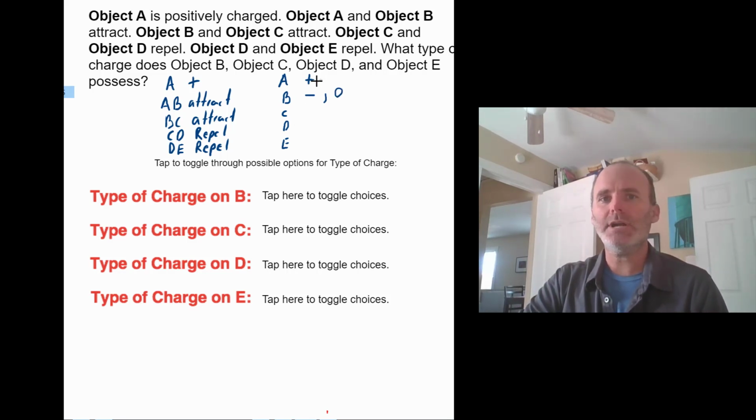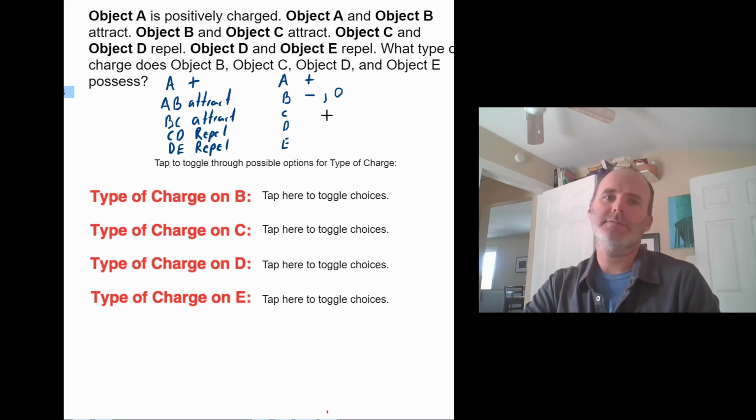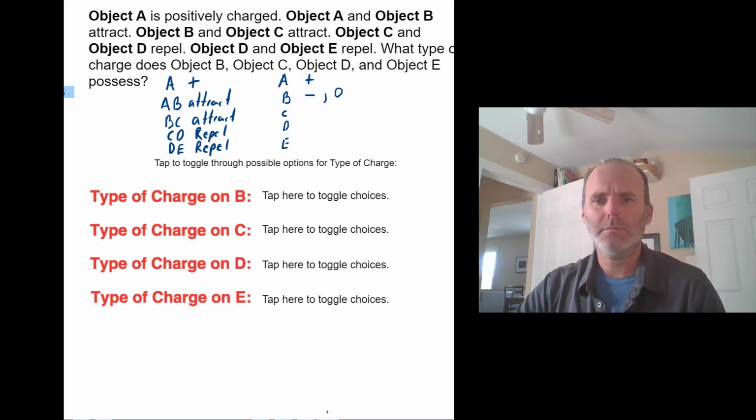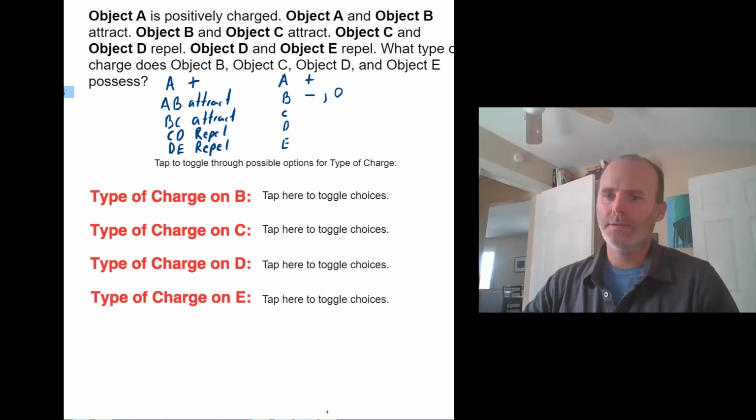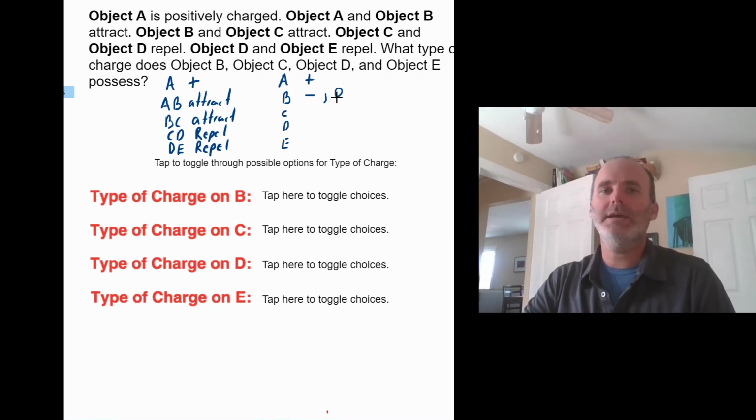So neutral attracts to positive and it attracts to negative.